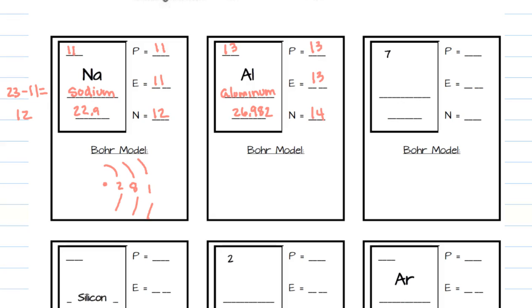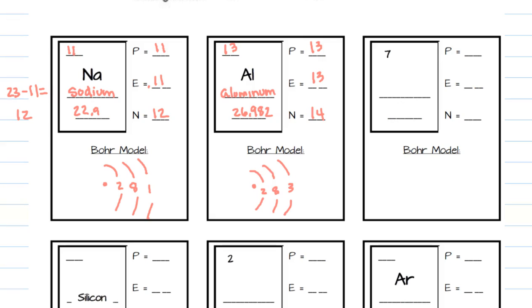So the atomic number, which is 13, would be the number of protons and the number of electrons. We would round the mass number to a whole number, so 26.982 would round to 27, and we would take 27 minus 13, and that would give us 14 for our number of neutrons.